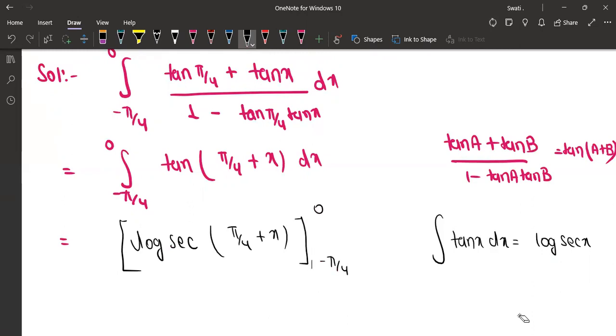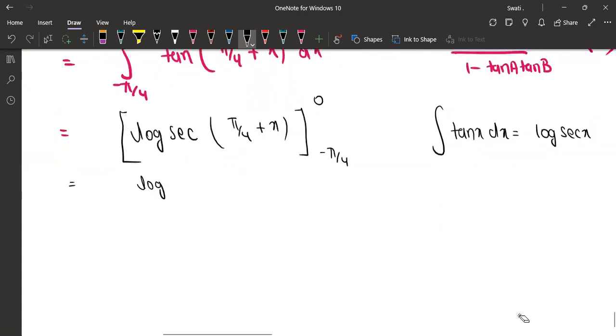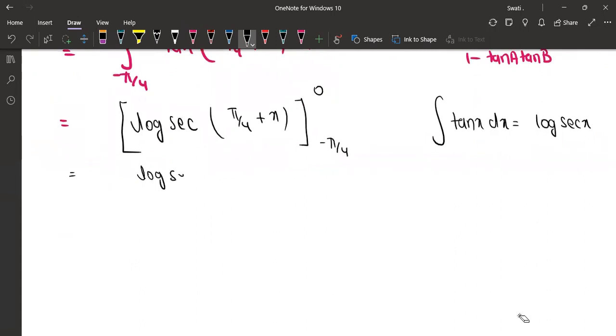Now, what can we write down? We can simply write this as log. We will, of course, put the value of the upper limit and lower limit. So log sec of pi by 4 plus 0, and then minus log sec, putting the value of the lower limit, that will become pi by 4 plus x, so pi by 4 minus pi by 4.